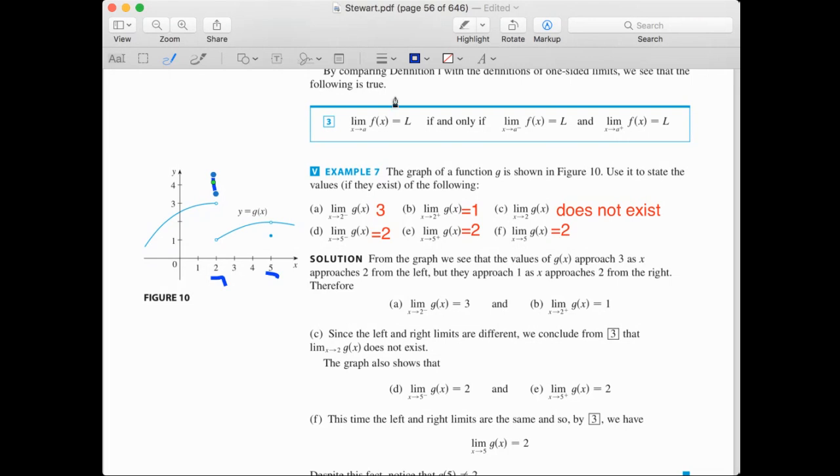But what can we see about the function value? What is f of 5? Do we see f of 5 equals maybe 1.2 or 3?